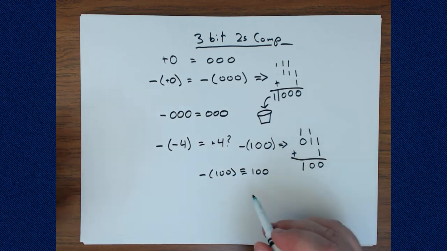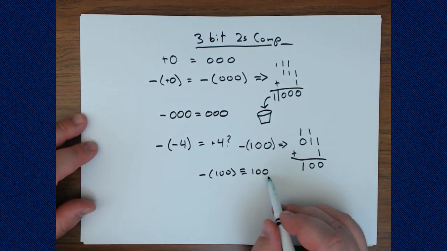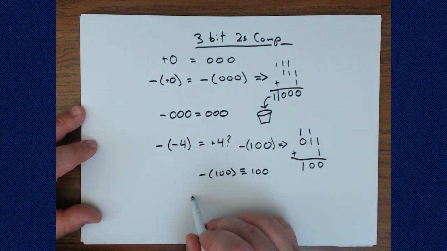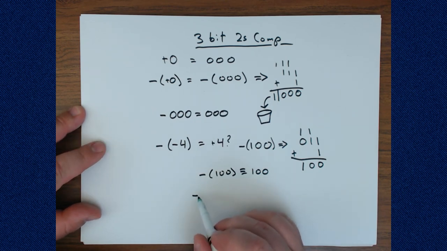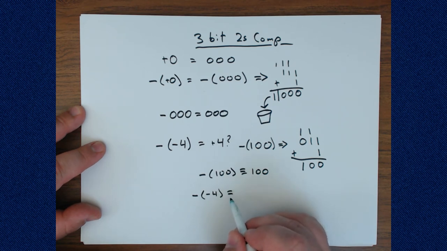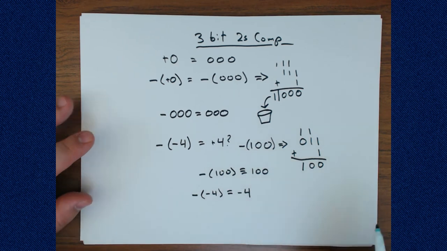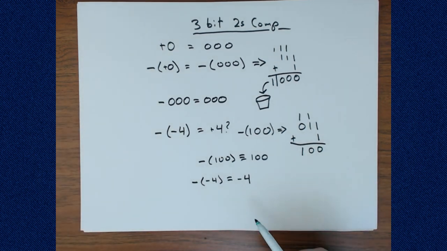When we get this result, if we were to reinterpret what it means to decimal, we would definitely reinterpret this as -4, which means that in our 3-bit 2's comp representation, the negative of -4 is actually -4, which maybe that doesn't seem right, but that's just what we get.